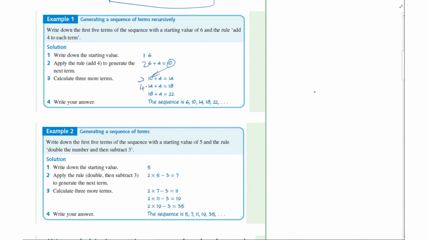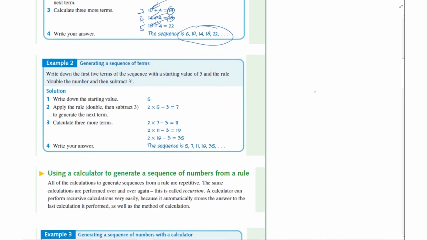The fourth number is going to be 14 plus 4, which gives me 18. I'm going to use that again. That's the fifth number there. So 18 plus 4 gives me 22. So that is my first 5 numbers, and that's that recursive nature. I'm using the previous number to work out a new term based on the rule I've been given.